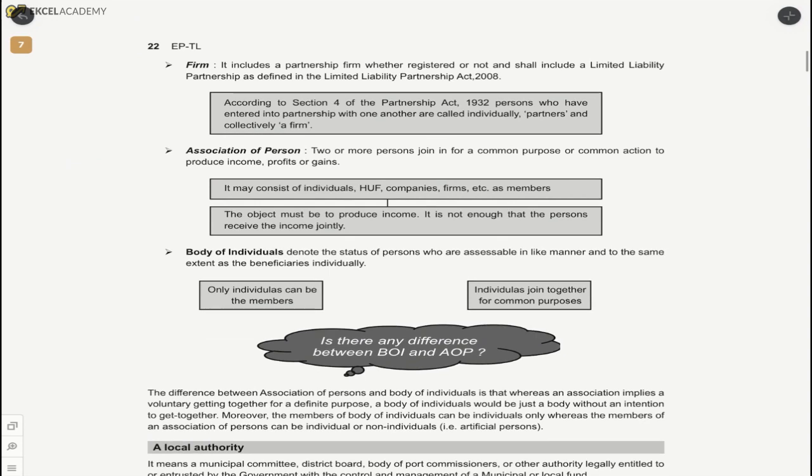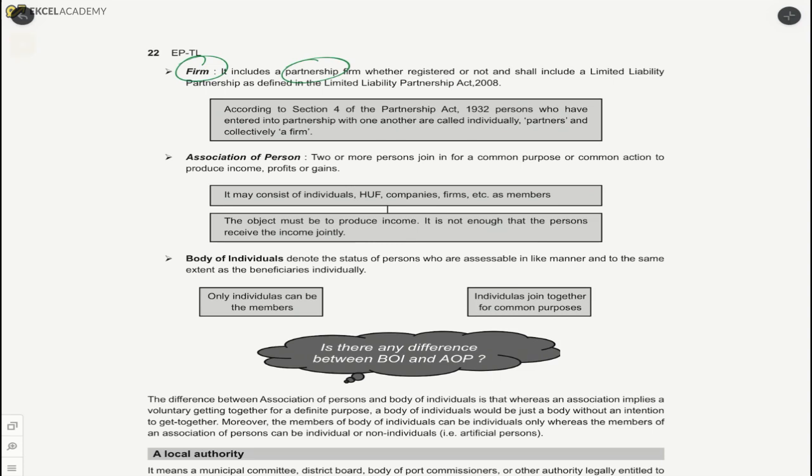Next, firm. Firm, as we know, is nothing but a partnership firm, whether registered or not. So some firms are registered, some are not. Both come under the definition of person. So irrespective of the registration, they will be included as assessees or persons under the Income Tax Act, and shall include limited liability partnership as defined by the LLP Act 2008.